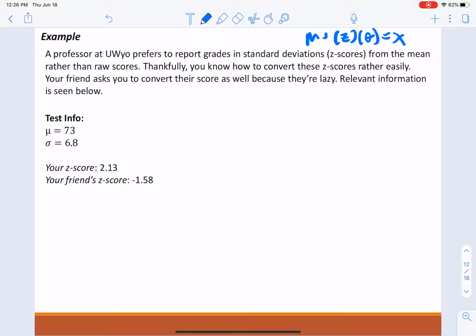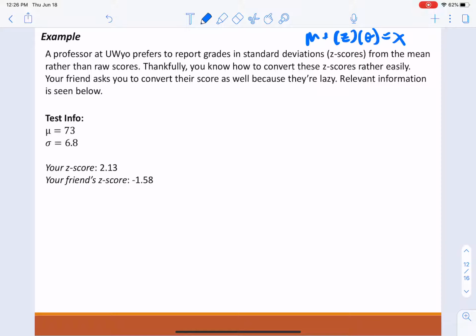Okay, so we're good. We're set. All we need to do is plug and chug, pretty much. Okay, so let's see. I guess we'll start with ours. So already we can see here that my score was 2.13, or not mine. Your score was 2.13 standard deviations above the test, above the class mean. And your friend is negative 1.58 standard deviations below the mean.